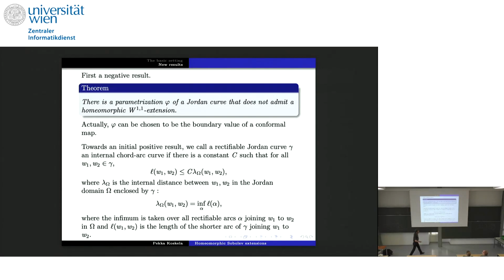The condition is saying that if I take two points on the boundary, then the minimum of the length of the two arcs that these points cut from the Jordan curve is no more than a constant times the interior distance between these points, which is fine because the interior distance here is basically the same thing. Okay, so pictures like this are fine from the point of view of this definition.